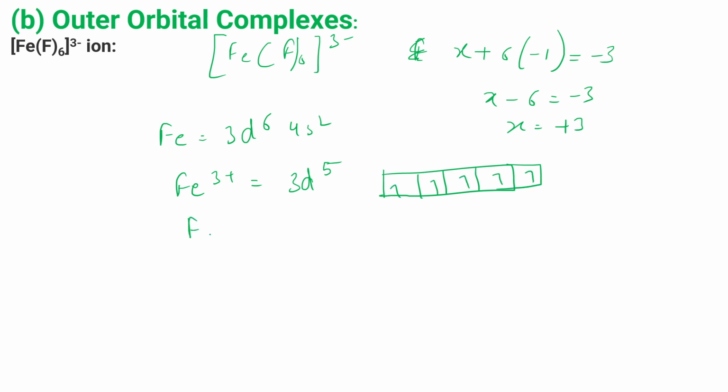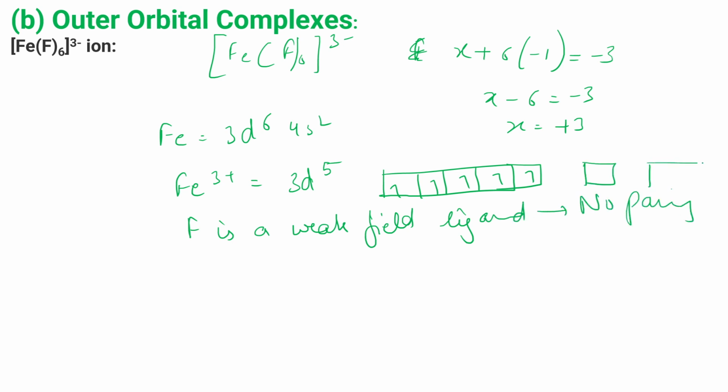Since fluoride is a weak field ligand, it won't cause any pairing. No pairing will occur. Therefore, the hybridization will be sp3d2.